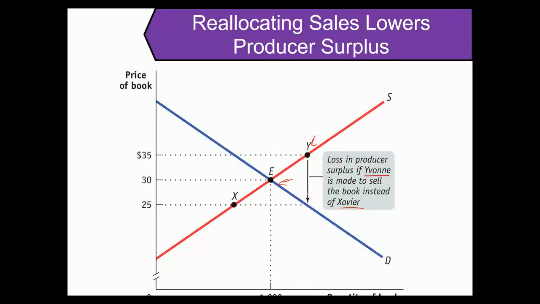The market price, once again, we are not at equilibrium, and we're forcing people to sell at prices that don't benefit them. Therefore, we see that loss of producer surplus. So we want to have this voluntary exchange, not a forced exchange. We don't want to force people to sell, and we don't want to force people to buy.